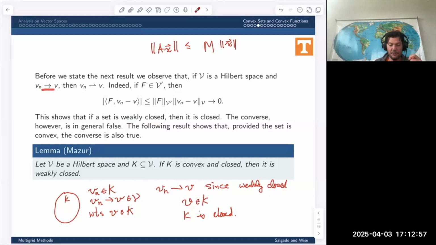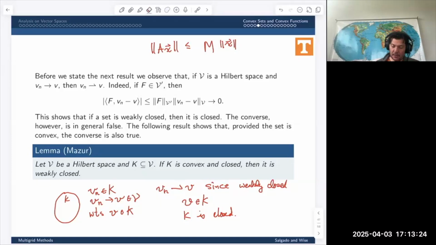Strong convergence implies weak convergence. True. But that allows us to show that if it's weakly closed, then it is closed. The converse, it turns out, is false in general, which is kind of remarkable. So if a set is closed, then it may or may not be weakly closed. However, there's a rather famous result called the Mazur result, which gives a partial converse.